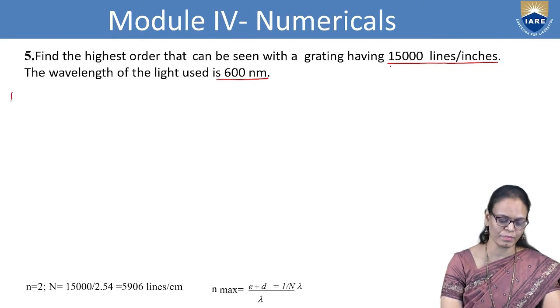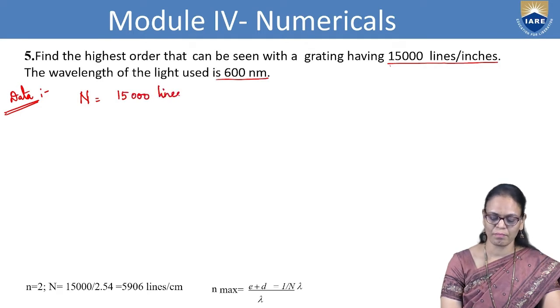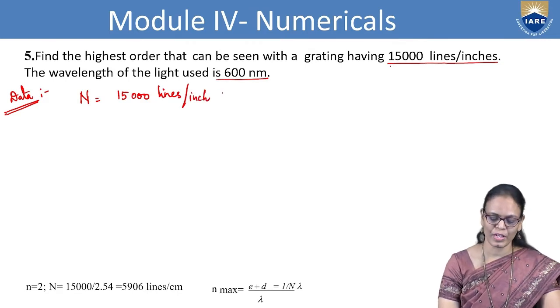So write the data. Capital N is equal to 15,000 lines per inch, or we write it as 15,000 lines in 2.54 centimeter.